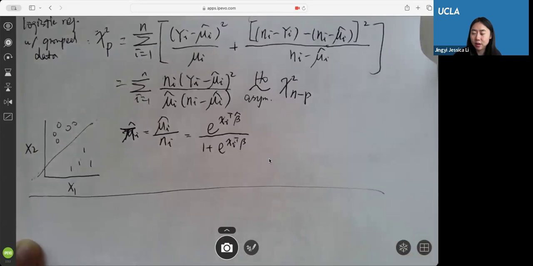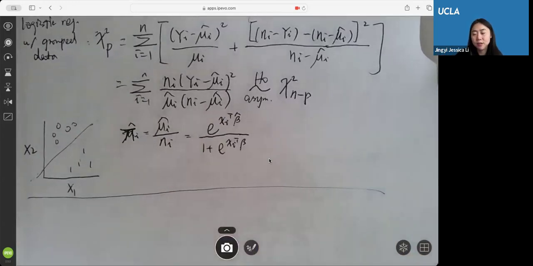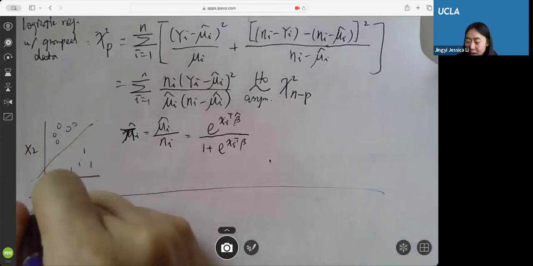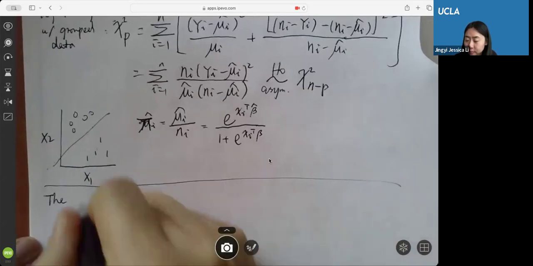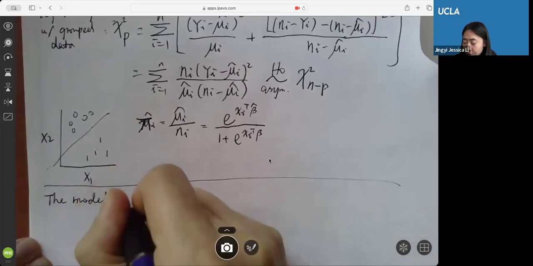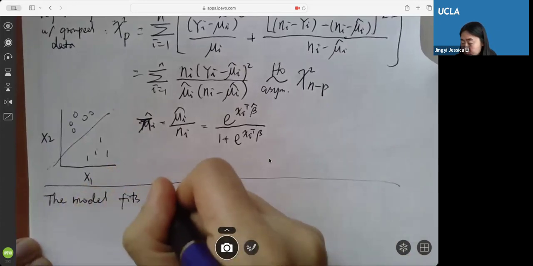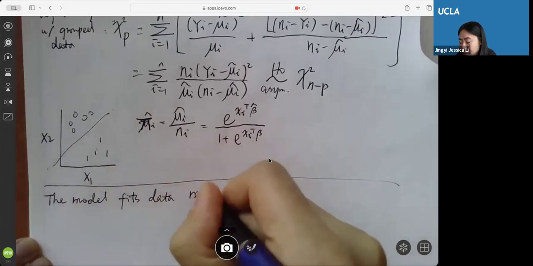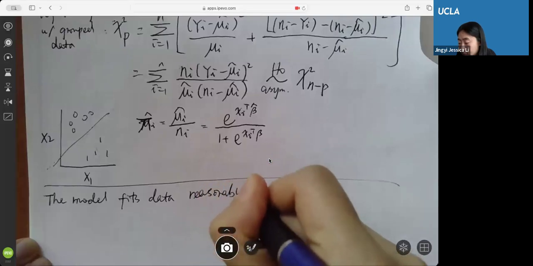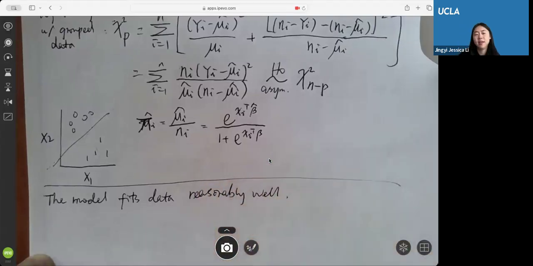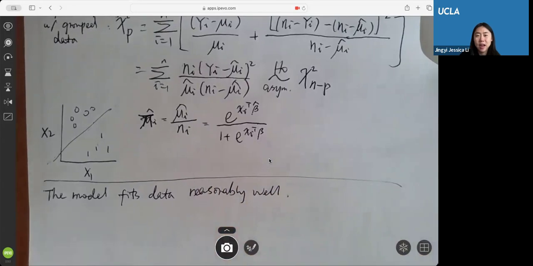All right. The second question is, suppose your model passed the goodness of fit test, so you conclude that the model fits data reasonably well. Okay, then the next question is, how do we interpret the model?